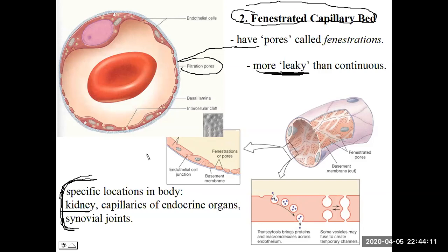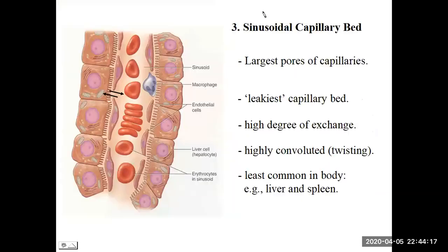And then the least common with the biggest pores, if we're following the trend, that's the sinusoidal capillary. So now we have the largest pore size, and that's being referenced right here. And keep in mind the endothelial cells, that's the tissue of the capillary itself. The surrounding cells are representing tissue of the liver.